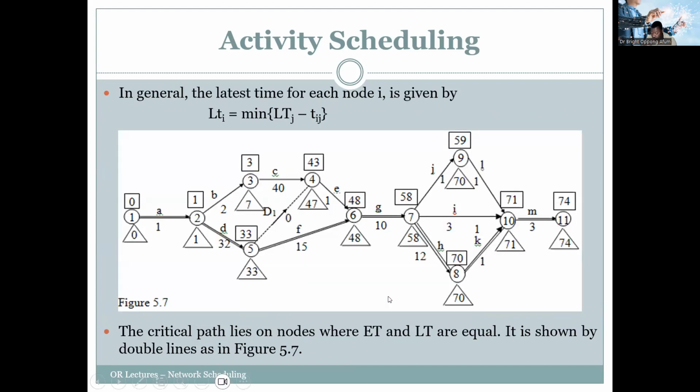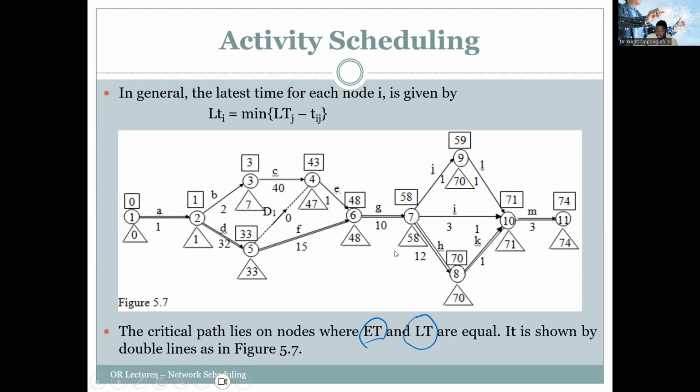So if you calculate the earliest time and the latest time, we'll have this, which you already calculated: 1 and 33, 48, 58, 70, 71, 74. So the critical path actually lies on the nodes where the ET and the LT are equal. It is shown by a double line. So you can see the double line in this network.